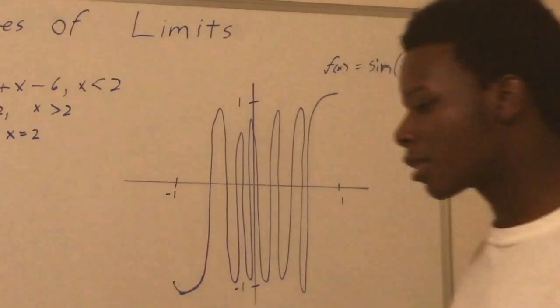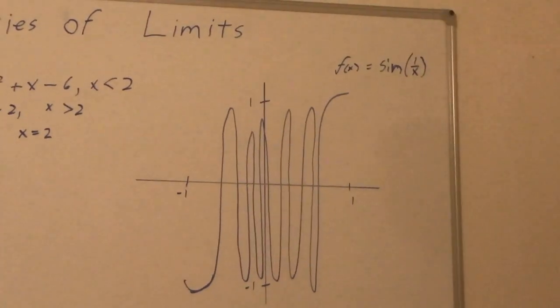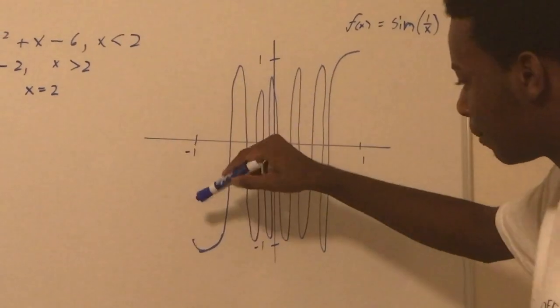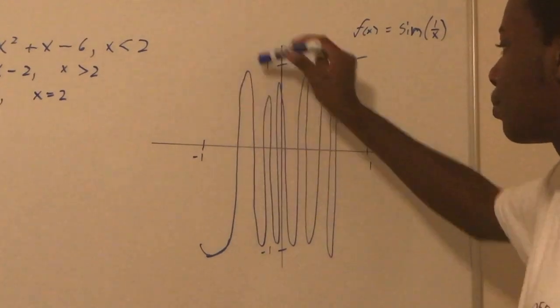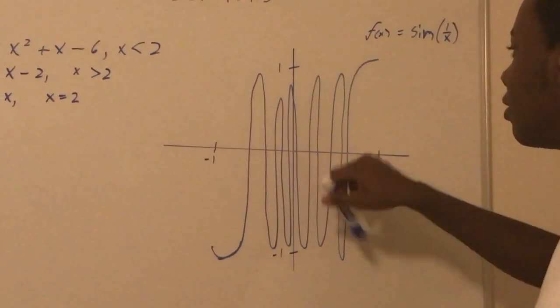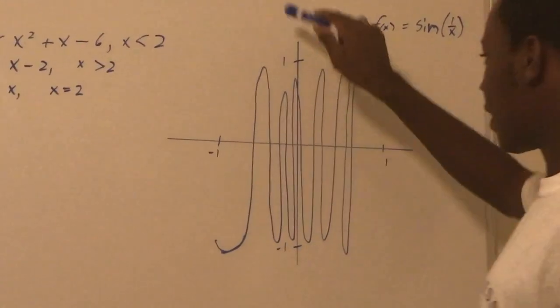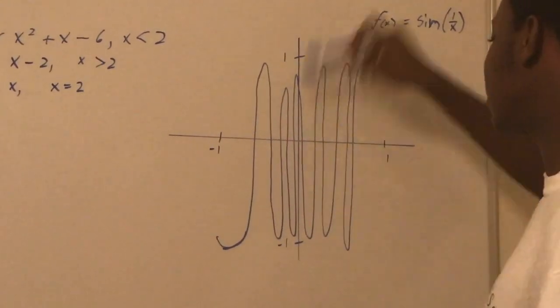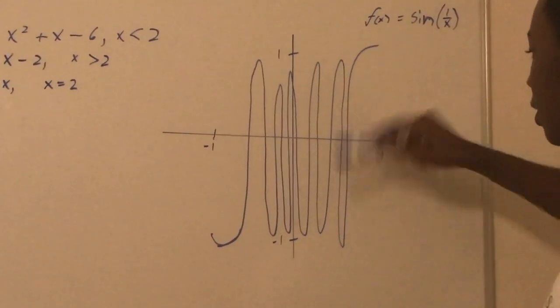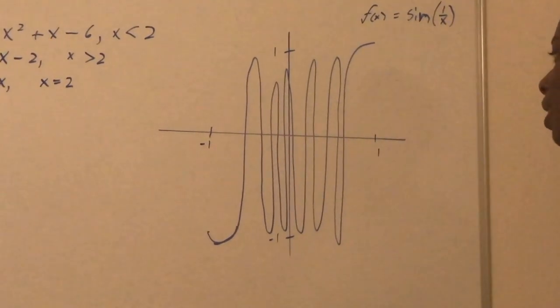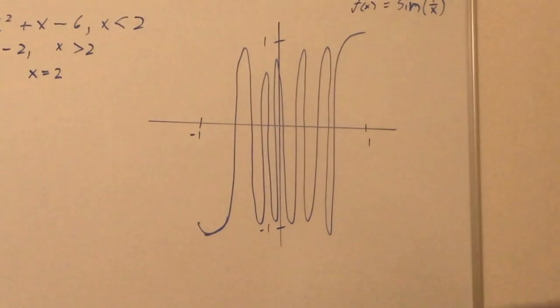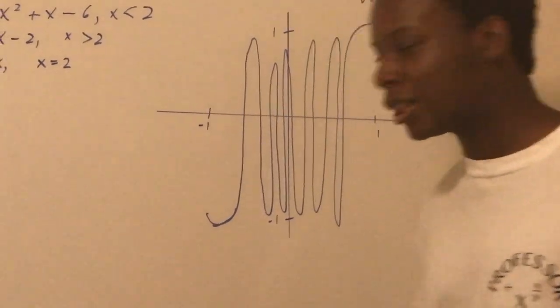So here's the third case in which a limit does not exist, and that would be when, as x approaches a certain number, in this case 0, the function f of x oscillates so much between two values that we can't really determine any specific value for that limit.